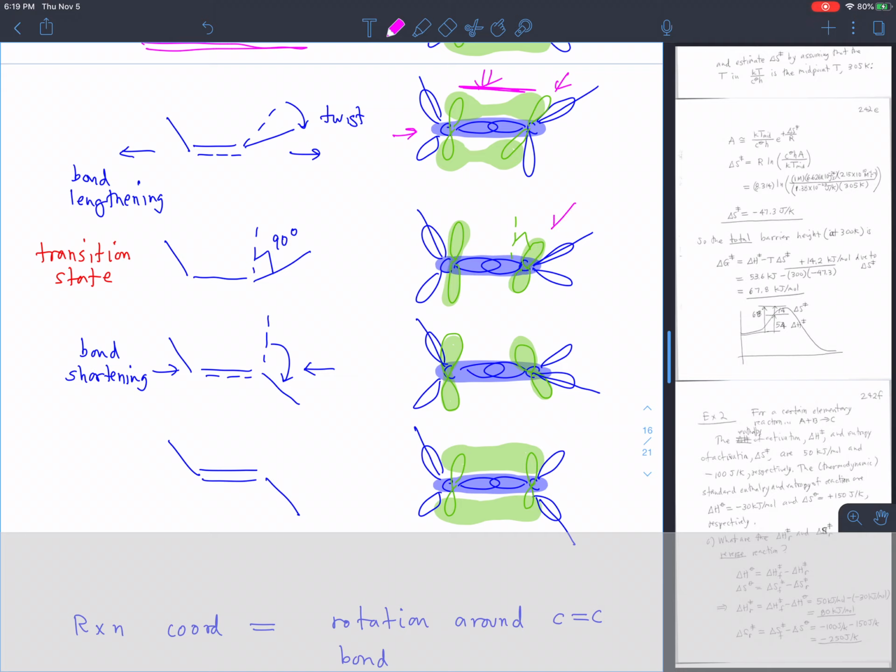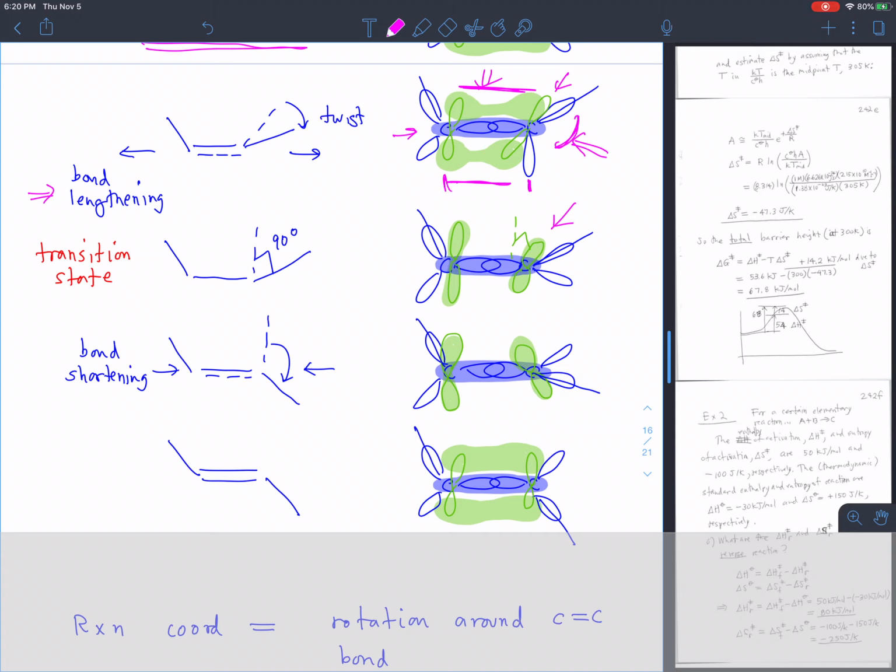Keep going, and let me say that when this is happening, the main motion is the rotation of this end relative to the other end, but that's not the only thing that's going on. I say here that bond lengthening is going on, right? Because you're weakening the bond. This was a double bond, now it's not a fully double bond. That means this bond length is getting longer.